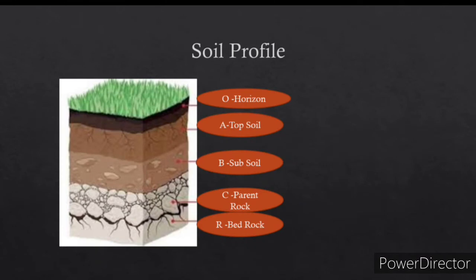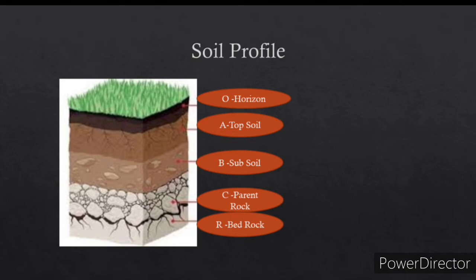Now what do we mean by soil profile? Here you can see the different layers of the soil. The first layer is the topsoil, and it has a lot of humus in it. It is dark in color, soft and porous, and it has essential nutrients and organic matter for the growth of plants.